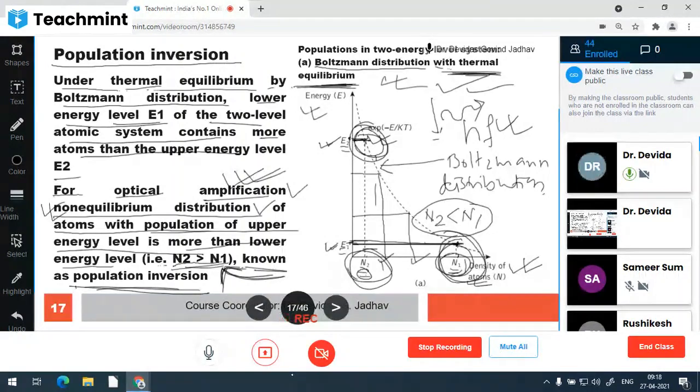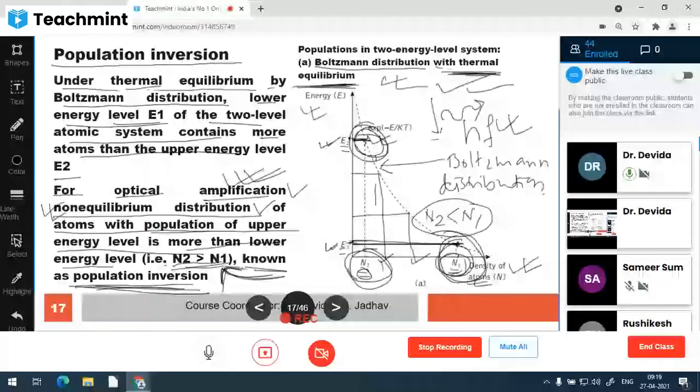So what is population inversion? Population inversion is the process in which there is a non-equilibrium distribution of the atoms and the number of conduction state atoms is larger than the number of valence state atoms. So this is population inversion.